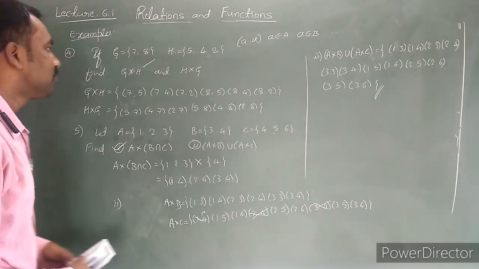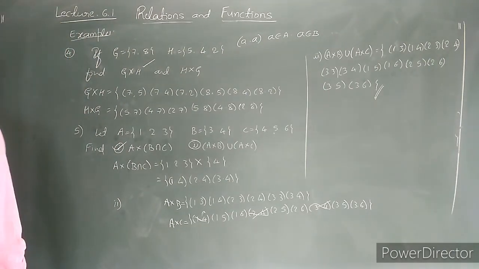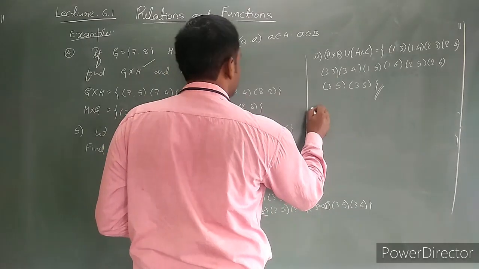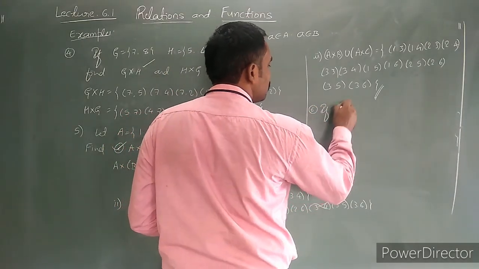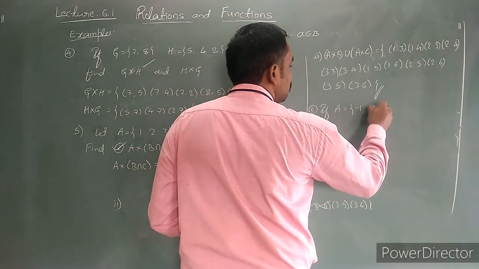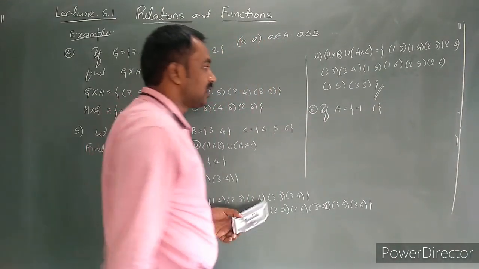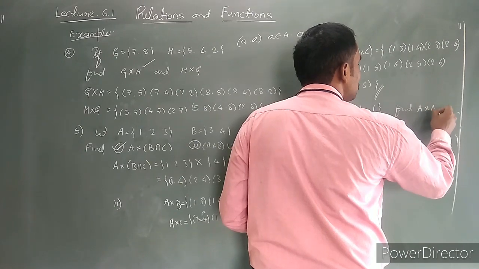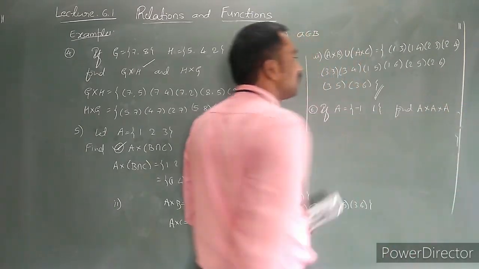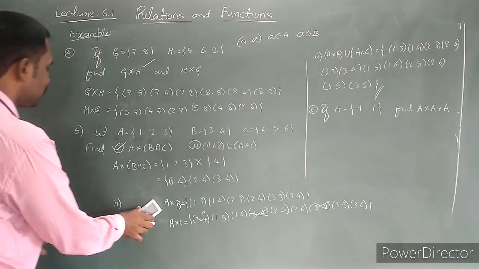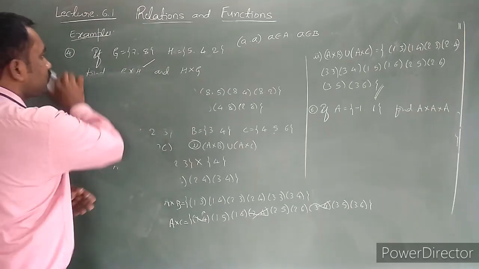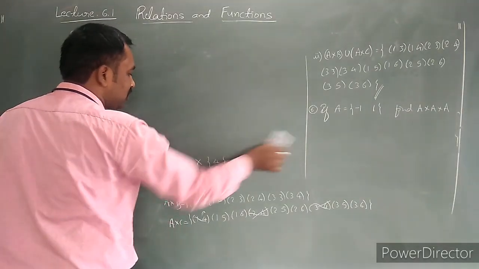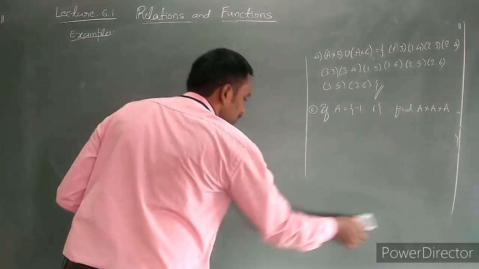Okay, very simple problems. Next one is, if A is equal to {-1, 1}, then find A cross A cross A. Here, Cartesian triplet or ordered triplet they are asking.